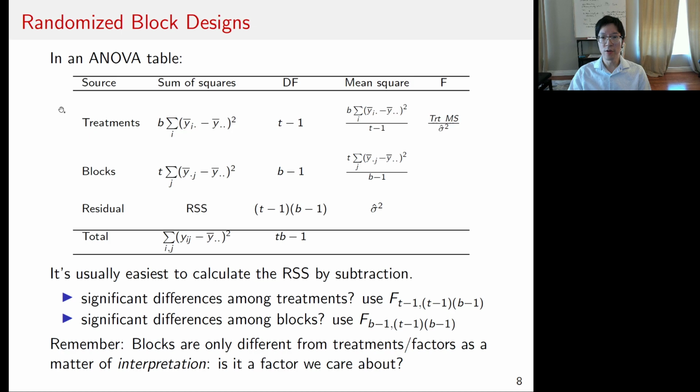So if you now look at this table, we pointed out that it's especially clear when we do this analysis in R that there's no mathematical difference between treatments and blocks. They're mathematically the same. So the only way we know which one is the treatment and which one is the block is really a matter of interpretation. So what that means is we ask, which factor or which variable was something that we actually set up as part of the experimental investigation?